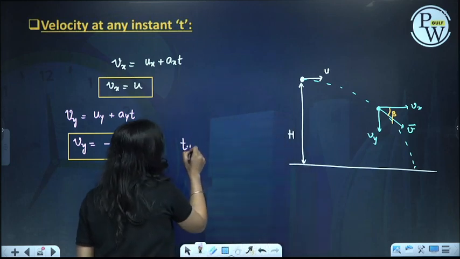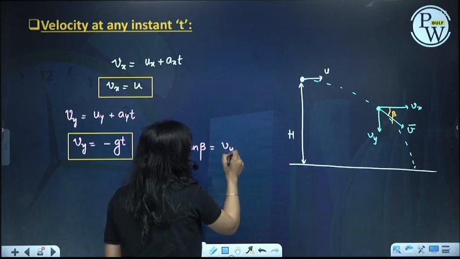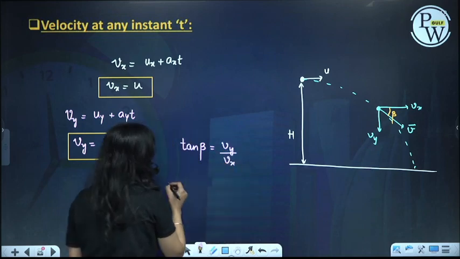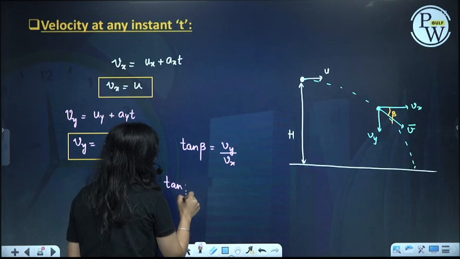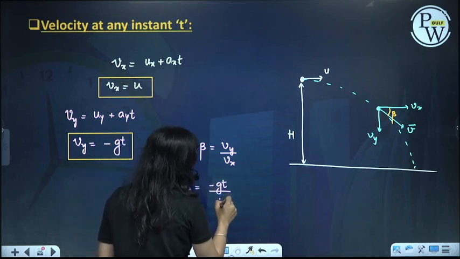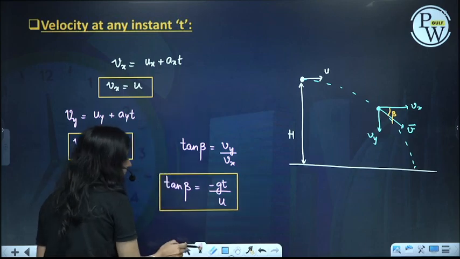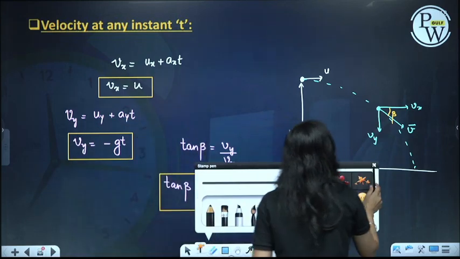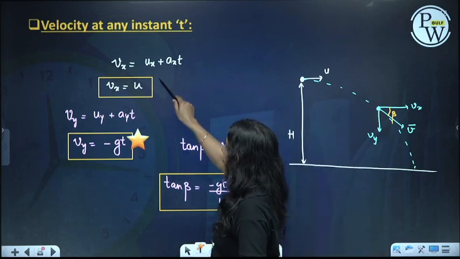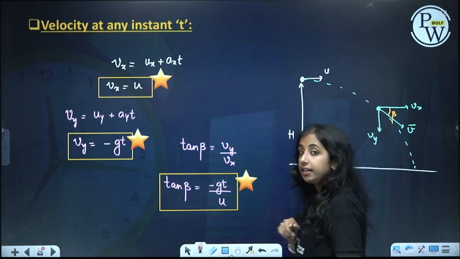What is tan of beta? Tan beta will be equal to vy by vx, so tan beta will be equal to minus gt by u. This is the velocity at any instant t.